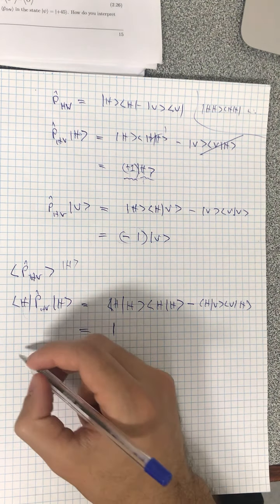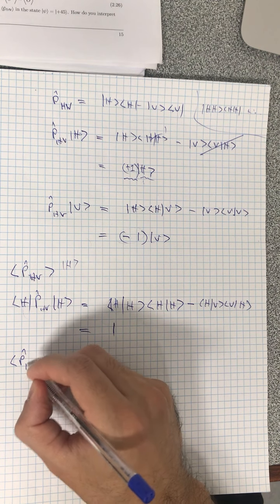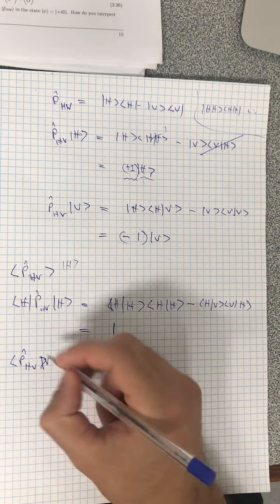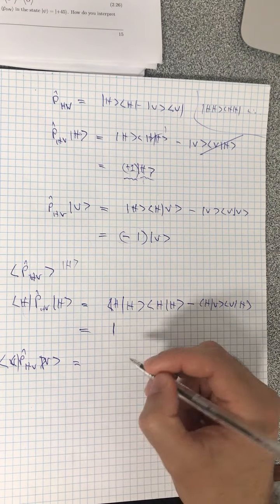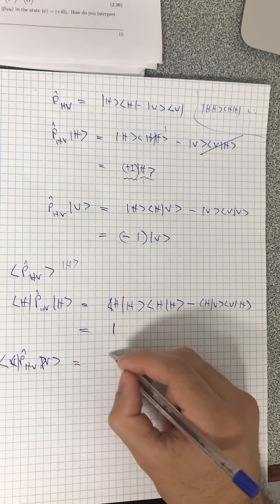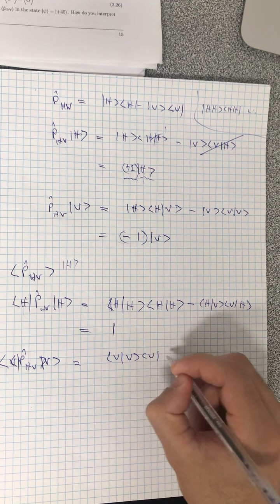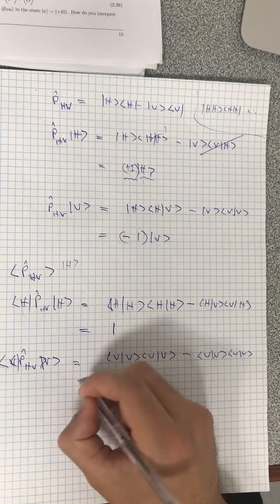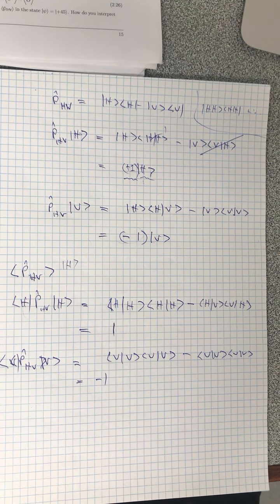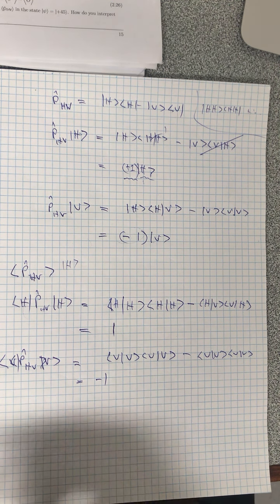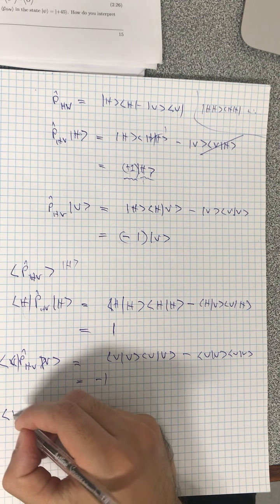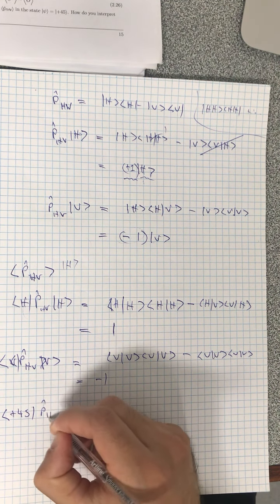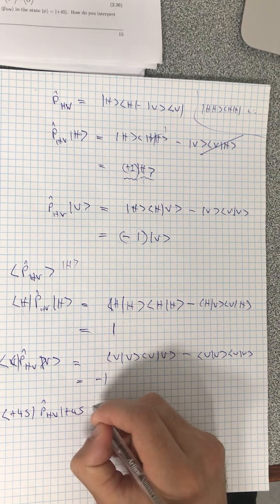Okay, cool. Let's try the same thing with V. So now we're doing the expectation value, but with V, lots of V photons flying in. So now you may have already worked out what we're going to get. We're going to get an average of negative 1. Okay. Let's try 45. And we keep talking in the HV basis.